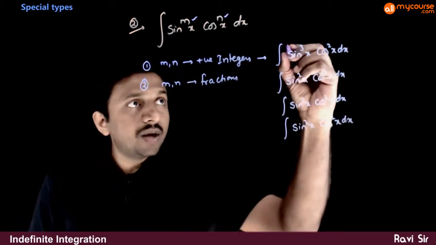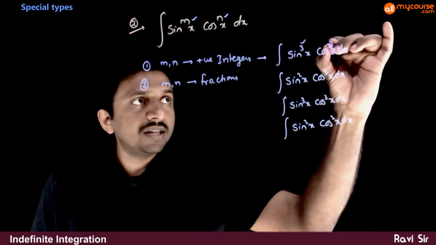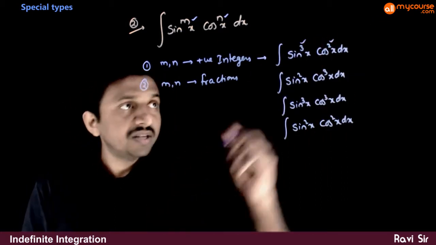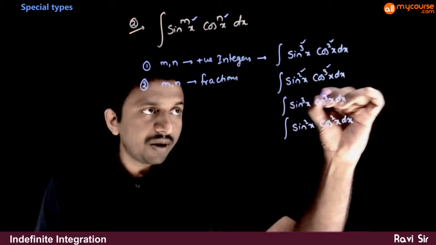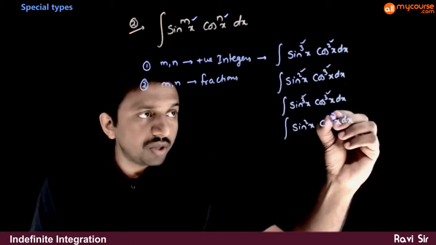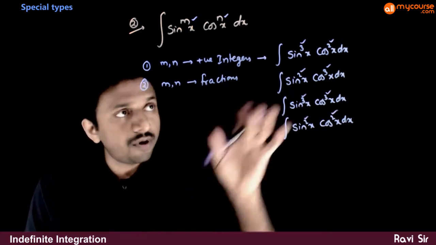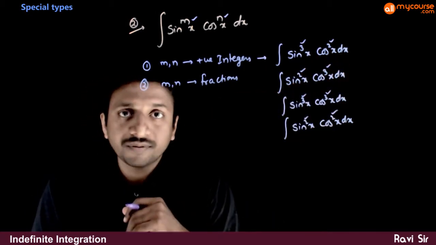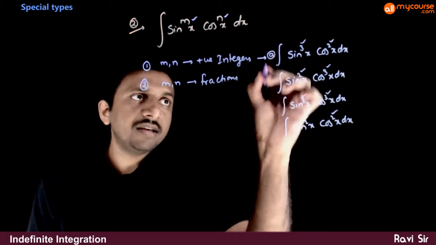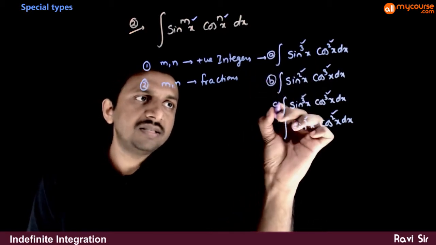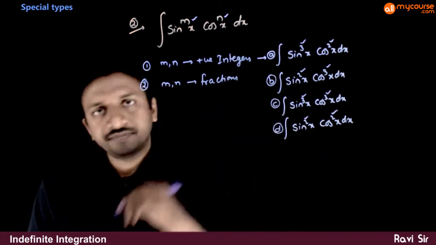It is, once the power of sin is odd and the power of cos is even; the power of cos is odd and the power of sin is even; both the powers are odd; both the powers are even. We follow different processes to solve these different questions. So let us call it A, B, C and D.